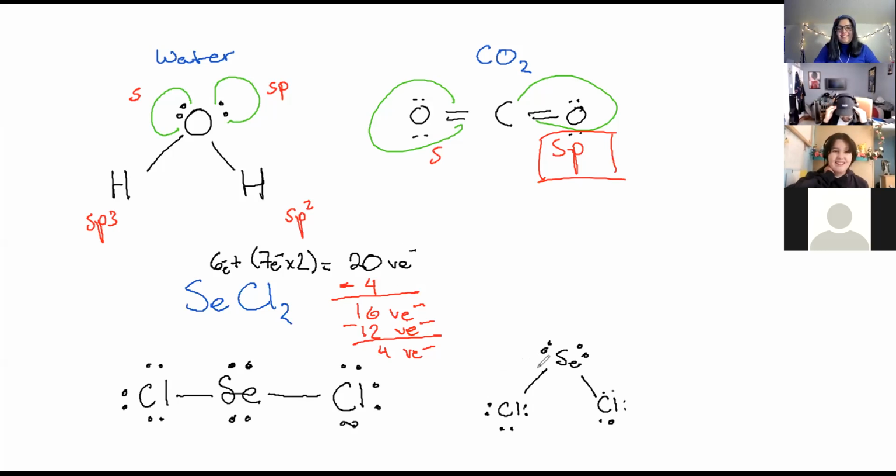Okay, so before we move on to that, the reason why we built this SeCl2 is to find out the hybridization. To find out the hybridization, we need to build the Lewis structure first. So what is the hybridization of SeCl2?